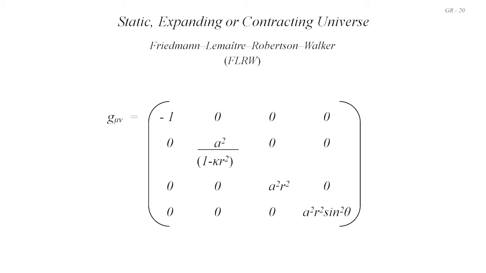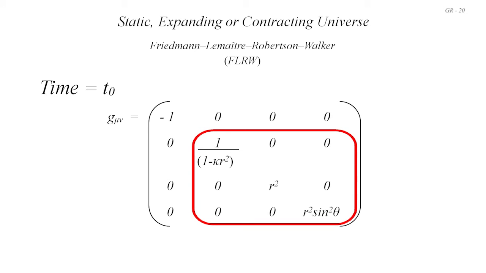So, from what we've just discussed, we can immediately say that at time equal to t0, the now time, the metric must be given by this, where a has been made equal to 1 in these three positions in the metric tensor at time t0. Therefore, at this time of t0, we could say that apart from the kappa, or k, which we'll discuss in a moment, the spatial part of this metric essentially describes space being measured using spherical polar coordinates.